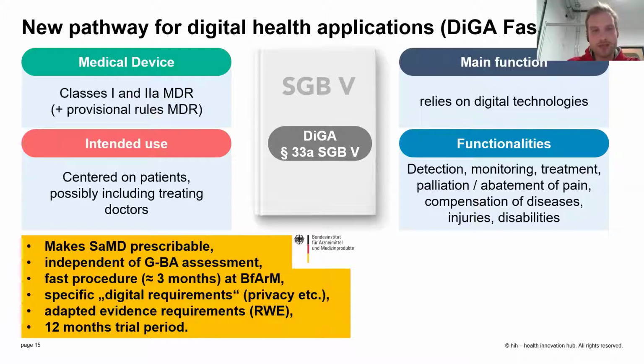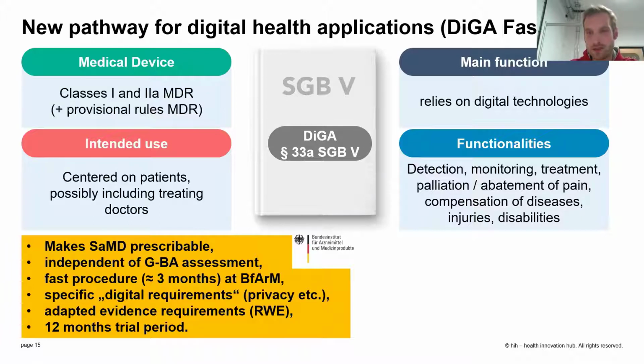So this is a very nice procedure that at the very end makes software as a medical device prescribable in the German healthcare system. So every doctor can prescribe the DiGA, this software, to every patient that needs it. It's independent of any GBA assessment, so we are independent of these long procedures. The procedure at BfArM, which is a federal authority, takes only roughly about 3 months, so it's pretty quick.